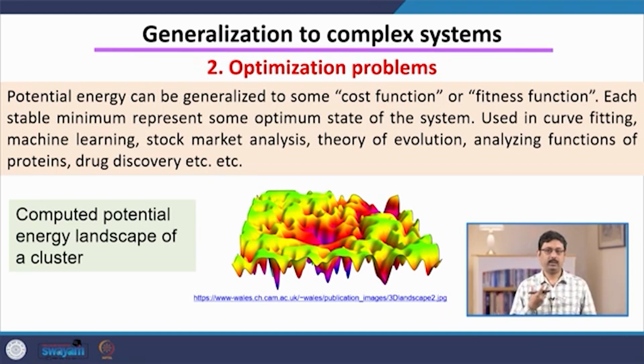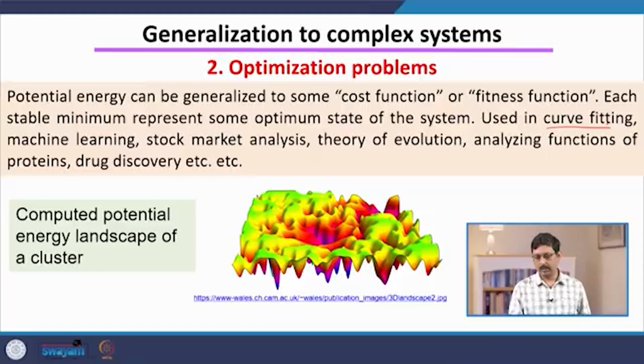Now, even more generally nowadays, some of you will be interested in going to machine learning, in different problems that involve machine learning, which are technically called optimization problems. So, we can even generalize from the potential energy to something called a cost function. This concept of cost function or fitness function is a function that is used to find the optimum state of a system, and it is very generic because it is used beyond physics.